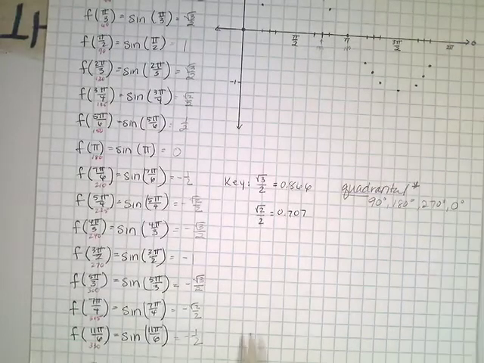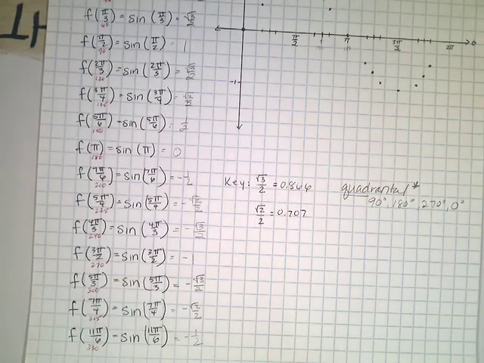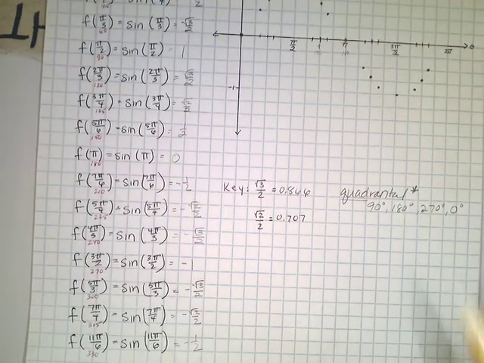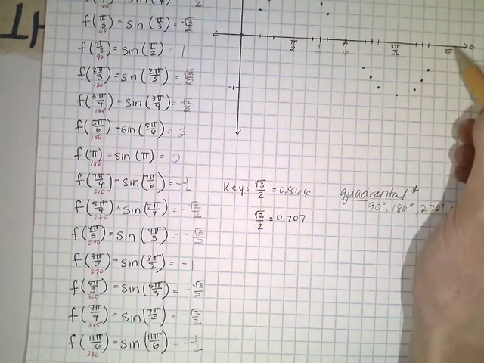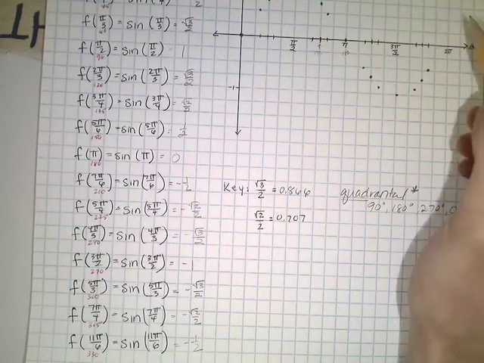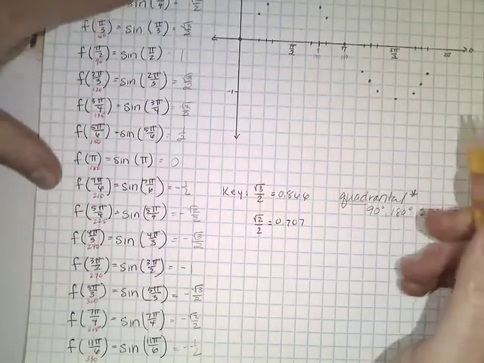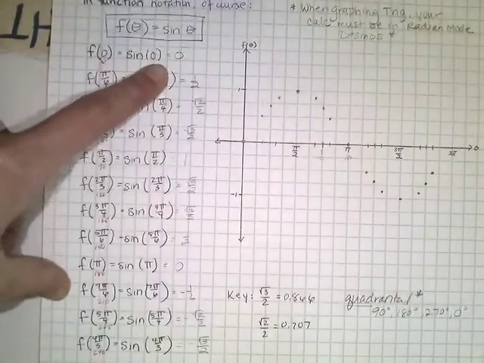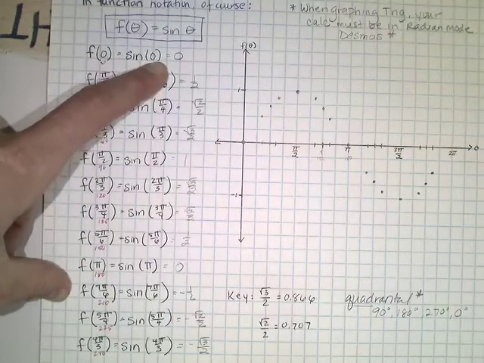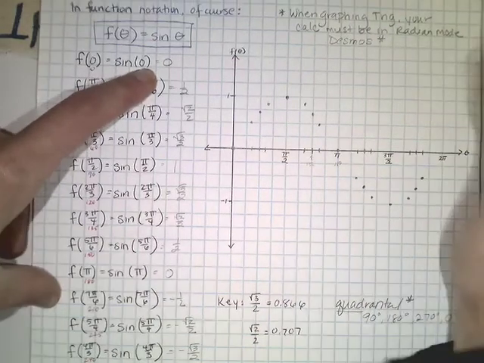So right about there. Now, when we graph this, what's important to remember is 1 full cycle actually lands onto 2 pi, and 2 pi is the same angle as the one we started with, as sine of 0, right? Those are coterminal.